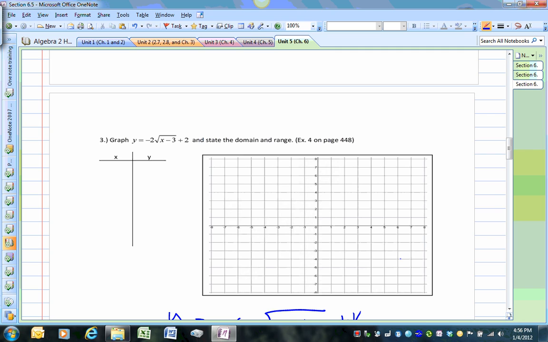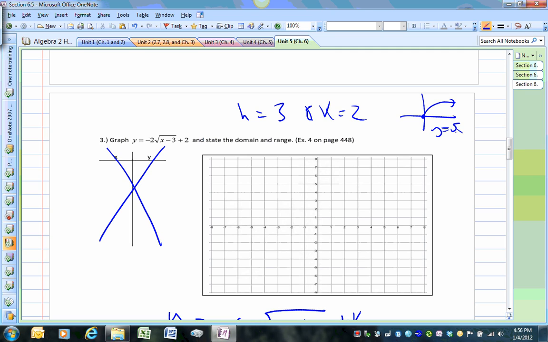So you could make a table if you want, but if we think about it, h here is going to equal 3 and k is going to equal 2. So when the original graph was like this, starting at 0, 0, for y equals root x, we now have to go 3 to the right and 2 up. So now it's going to start here.